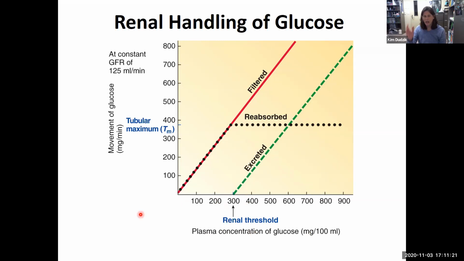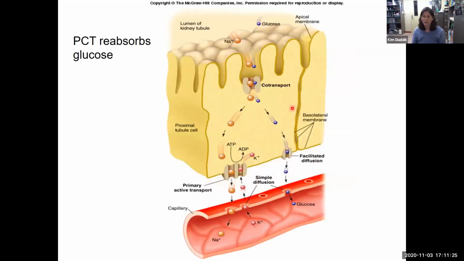So again, how do you remember this? T maximum, I think of that as the number of co-transporters that are available. So the numbers we have can only handle about 375 milligrams per minute.